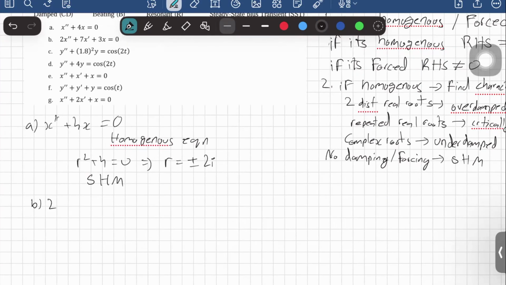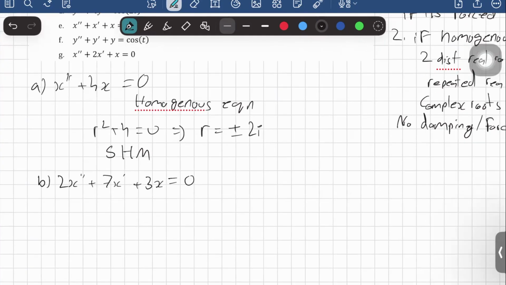It is 2x double prime plus 7x prime plus 3x equals 0. From this we find our characteristic equation to be 2r squared plus 7r plus 3.